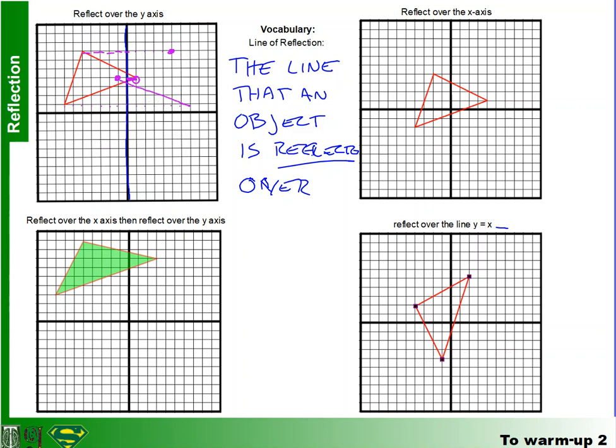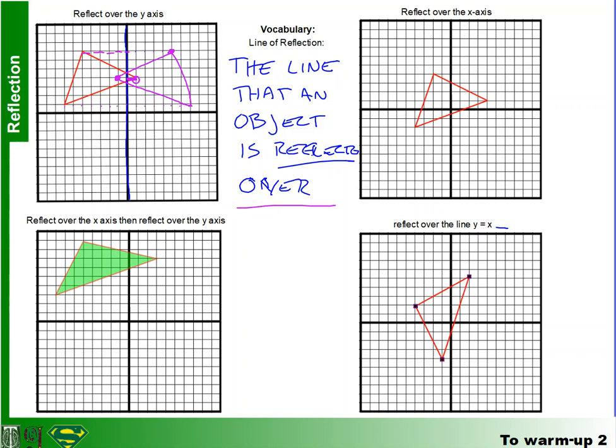And so we go ahead and draw it. And the question is, did we create a congruent shape? Do we have a shape that is the same size and same shape? And the answer is clearly yes. It's just oriented in a different direction. All right, so that is pretty basic, not too bad.